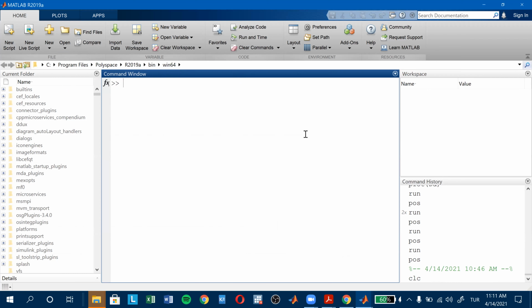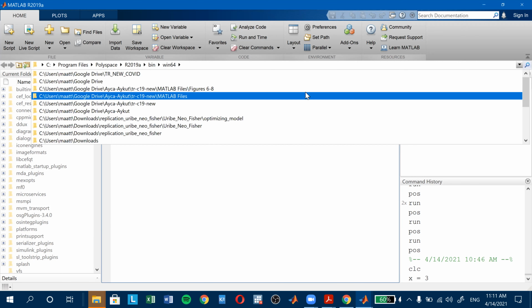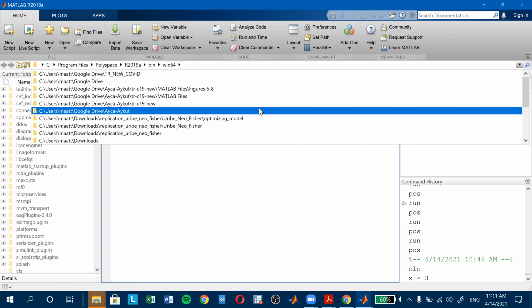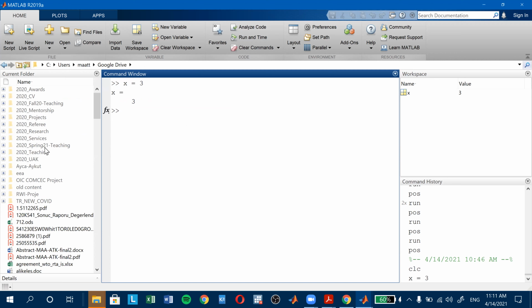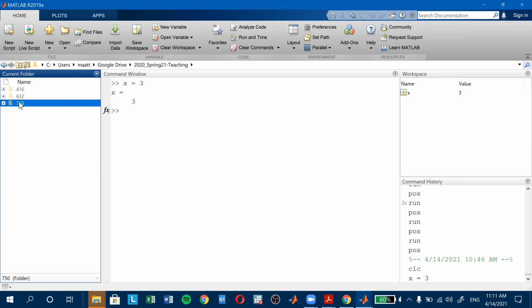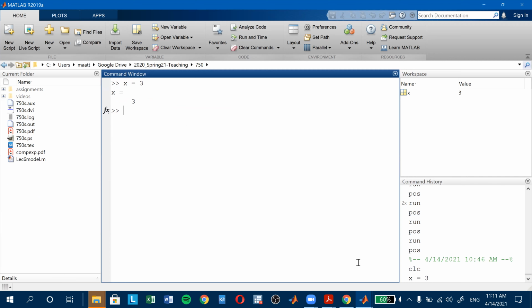So if I define something, for instance, it is recorded in the workspace, and I can use this folder. Let me go to our class folder. Right here, our file is here. As I said, I opened this file for today.